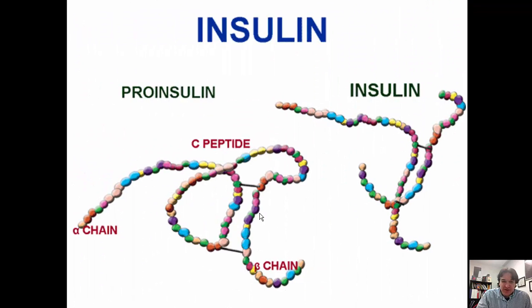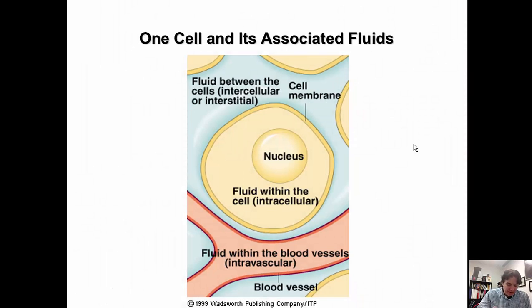Here's insulin also, which we mentioned there. There's a picture of insulin. And you can see it's a string of amino acids that are put together in polypeptides and bonded to make a protein. Okay?